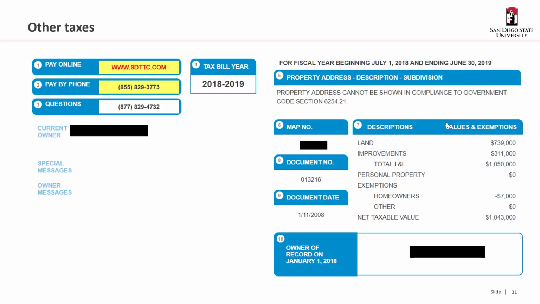So here's what a property tax bill looks like. I've blacked out the owner in this case, but I won't lie to you, it's my property. So you can see the land is assessed, improvements are assessed, because when I purchased this property, it had a home on it, but I've made improvements to it since then. And so anytime you pull a building permit, more or less the county has the right to reassess your property.